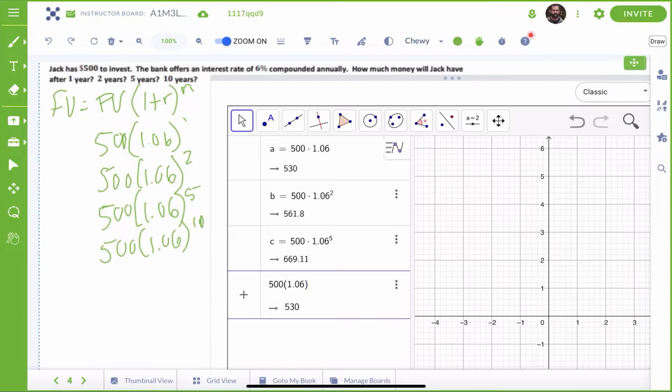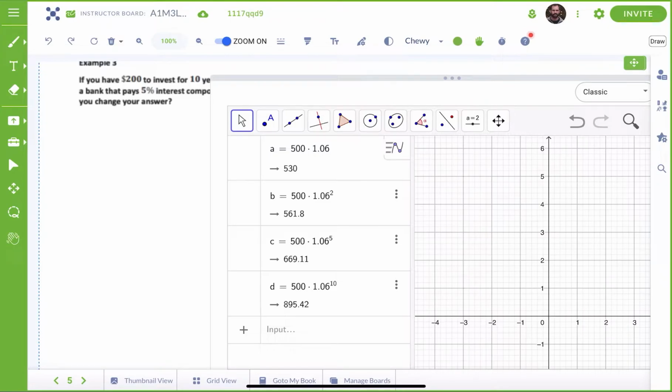What would we have after 10 years? $895.42. Okay. And that's how that would work. And you can tell, say you needed $800 in 4 years off of this $500. Well, you're not going to get there. Okay, it's not going to compound quick enough for you.